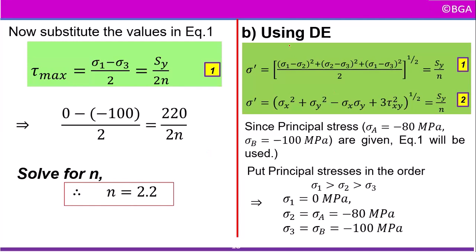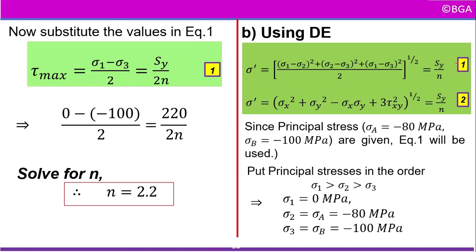Let us now apply the distortion energy theory for the same bar, which is subjected to compressive principal stresses, 80 and 100 megapascal. Distortion energy theory can be expressed with principal stresses, or with induced stresses.